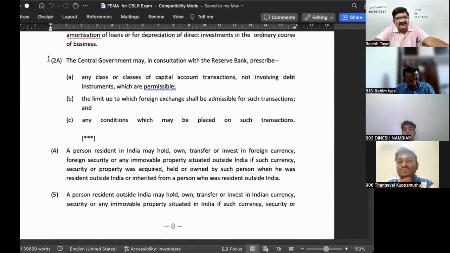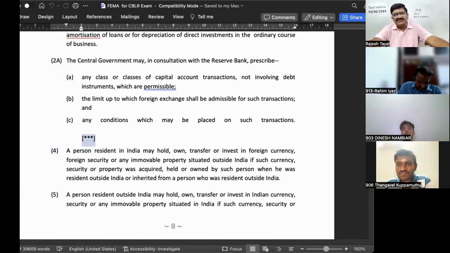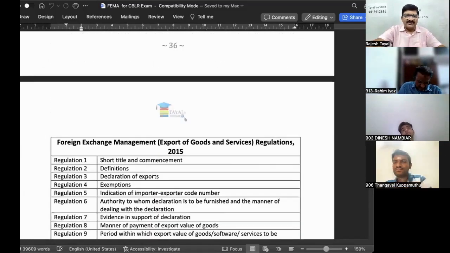Yes, sir. It is not there. Only 2A and now 4. This is the sign of something having been omitted or deleted. Okay, so section 6 subsection 3 does not exist.